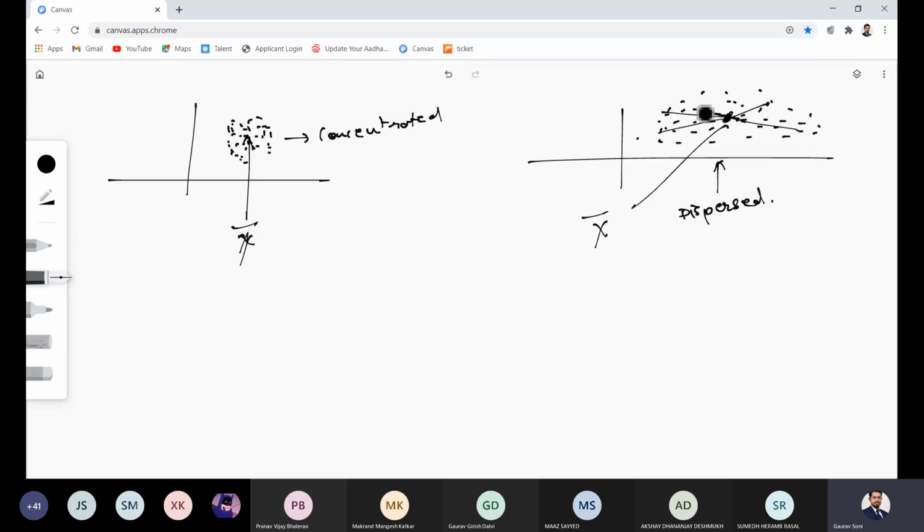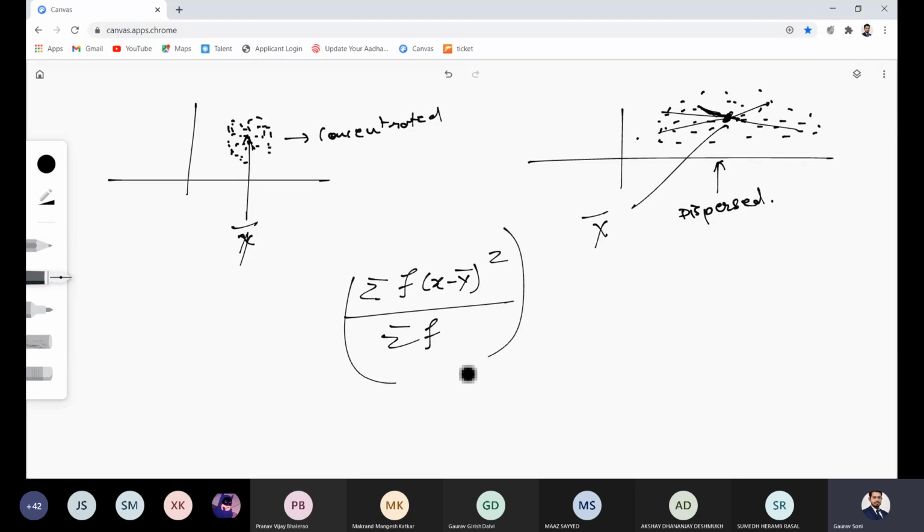So when I say summation f x minus x bar square upon summation f, it seems that we are particularly interested in the difference from the mean. So this tendency, the standard deviation, is called the dispersion. What you are doing is calculating the dispersion of a data.